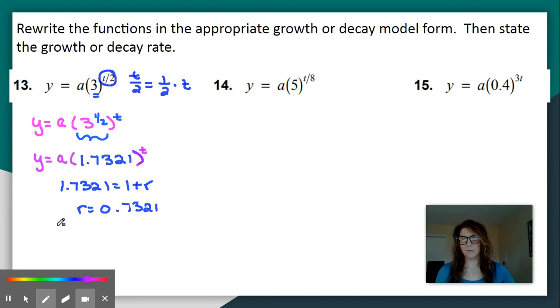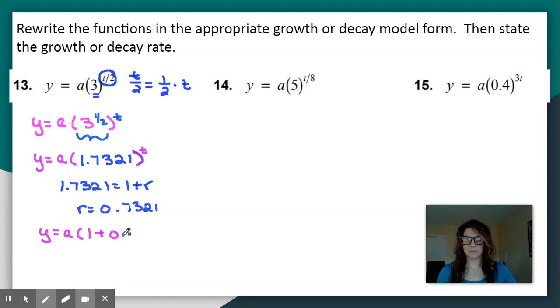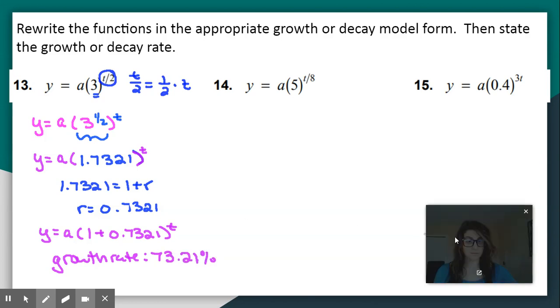Then again, we can rewrite it if need be: 1 plus 0.7321 to the t. And it says state the growth or decay rate. This is a growth rate of 73.21%.